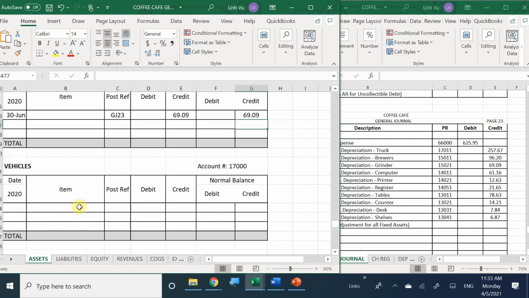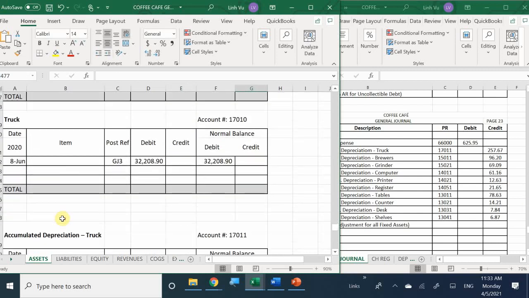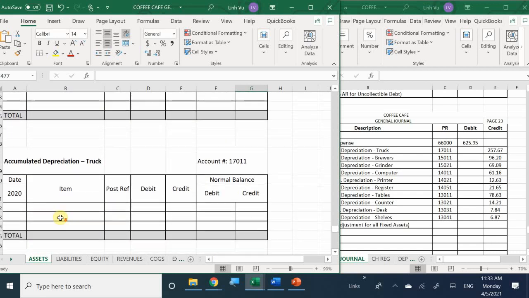And then lastly, how much for my truck? 257.67.